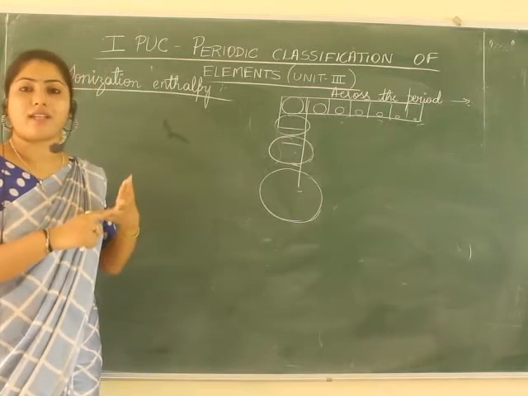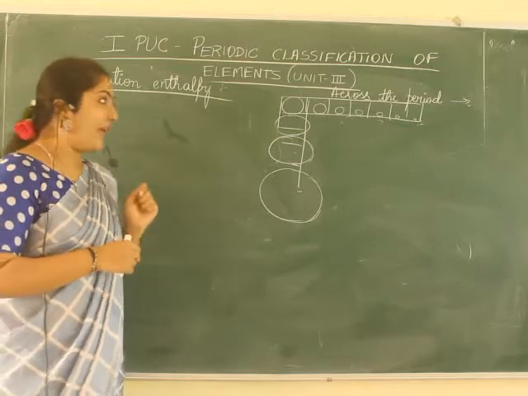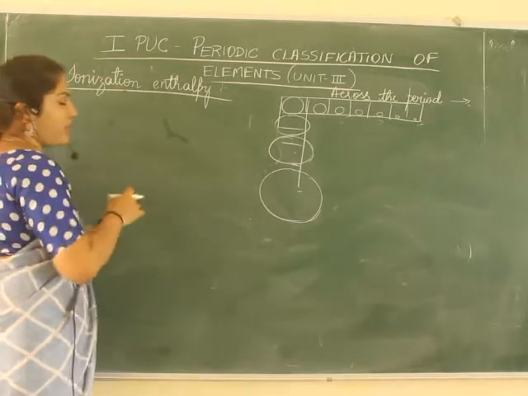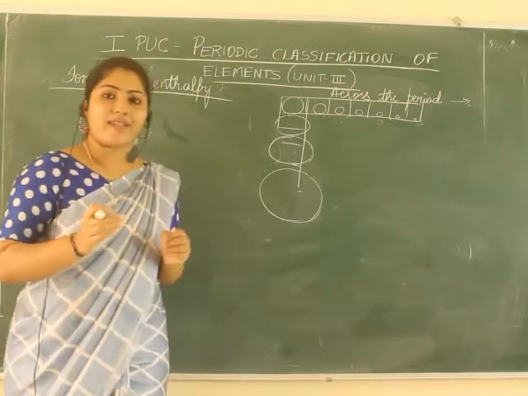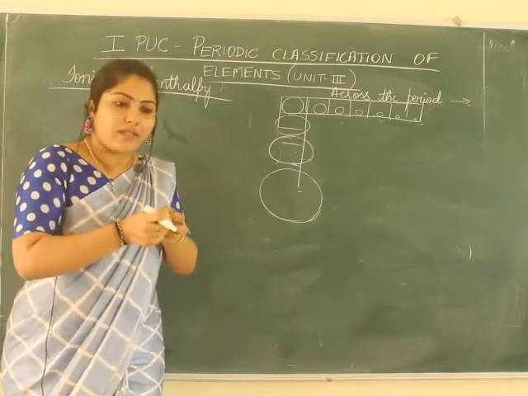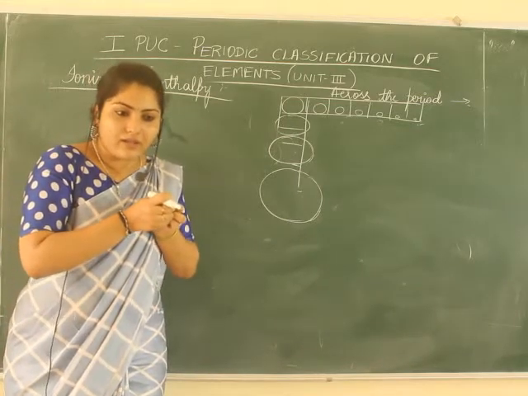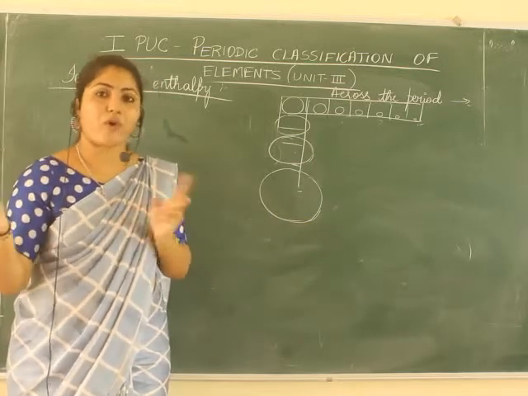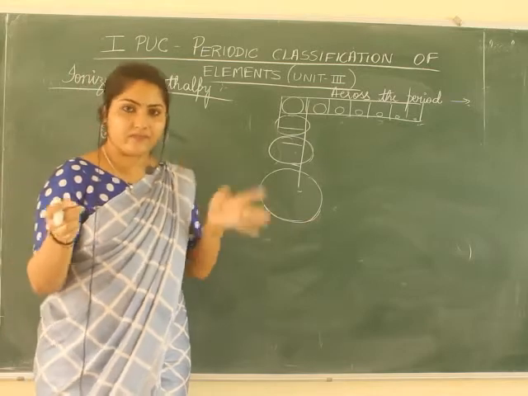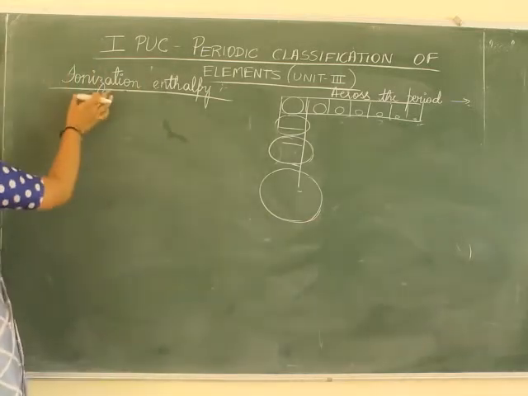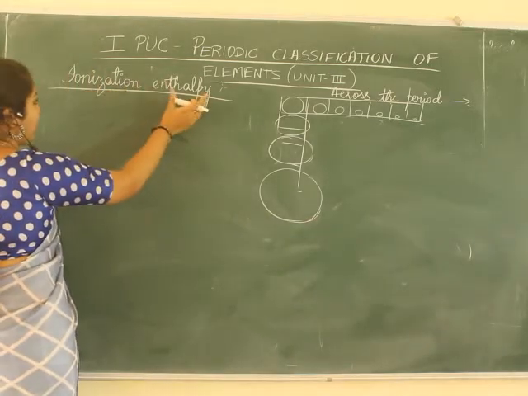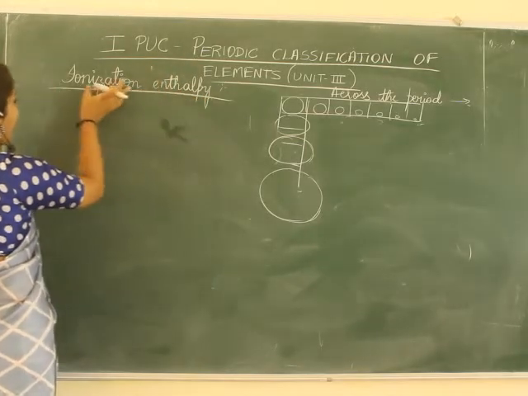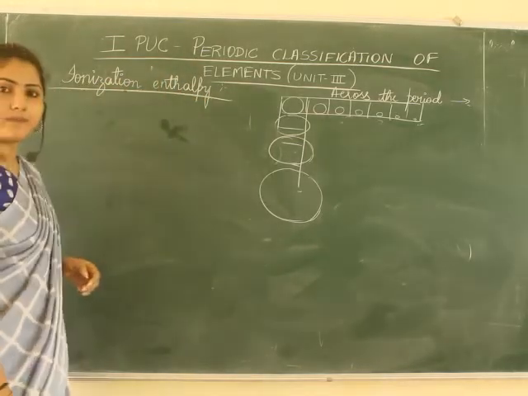Now the next one is ionization enthalpy. Ionization means, what comes to your mind? Ionization means where something is being dispersed into ions, the formation of ions. Enthalpy means the heat changes, or in simpler words, the enthalpy change related to ionization.